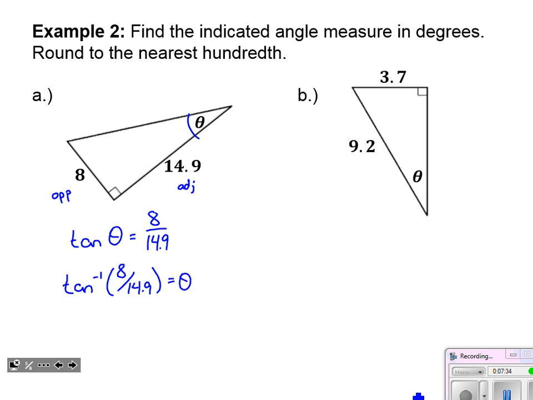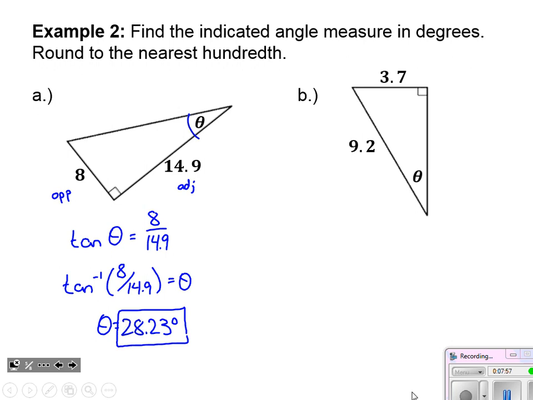So let's type that in and see what we get. Tangent inverse 8 divided by 14.9, and I get 28.23. This is an angle, and it is measured in degrees. So I round it to the nearest hundredth of a degree.